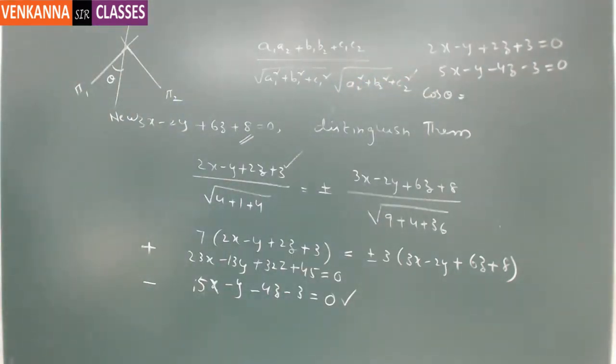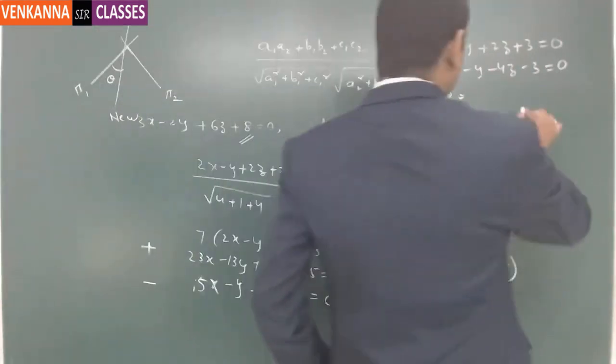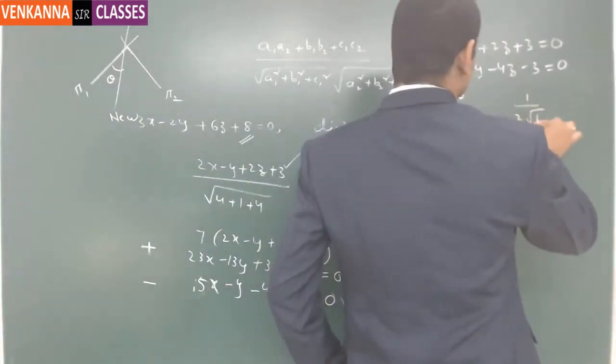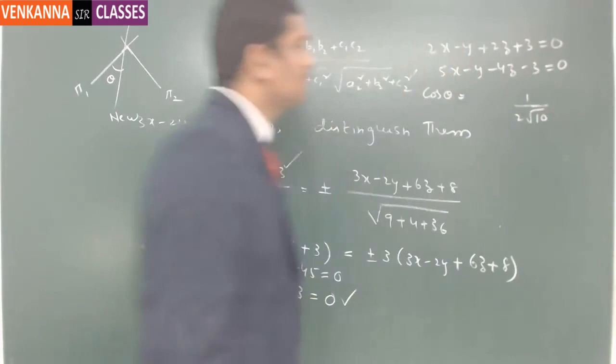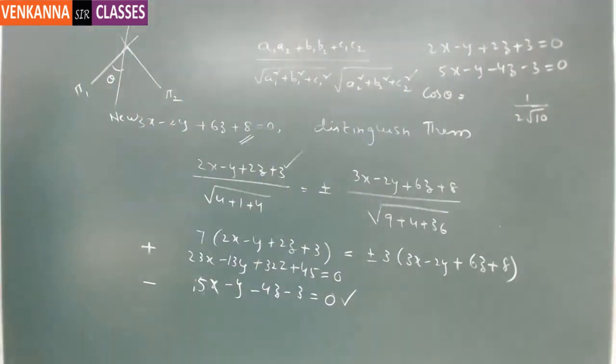So take the coefficients as a1, b1, c1 and a2, b2, c2. Apply the formula and give me the cos theta value. So 1 by 2 root 10. Do you accept it all?